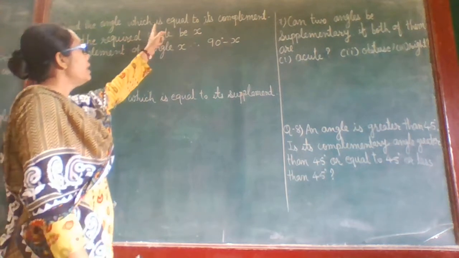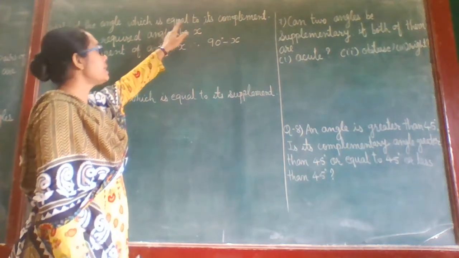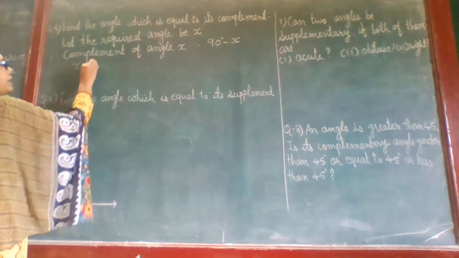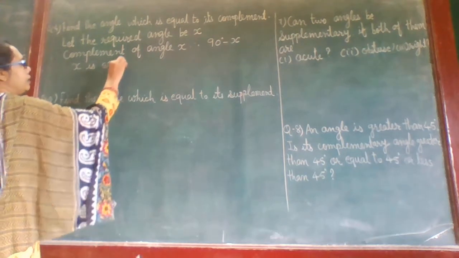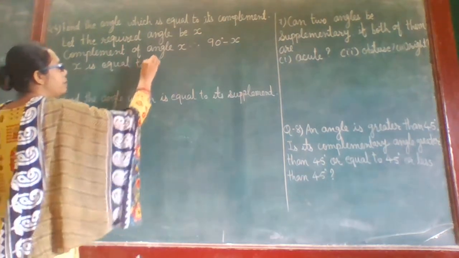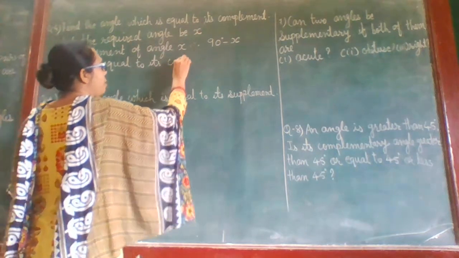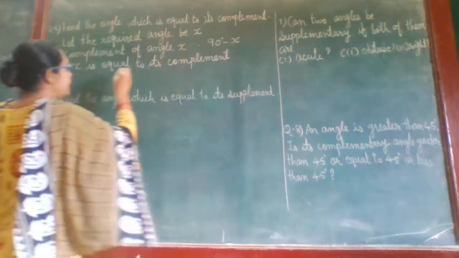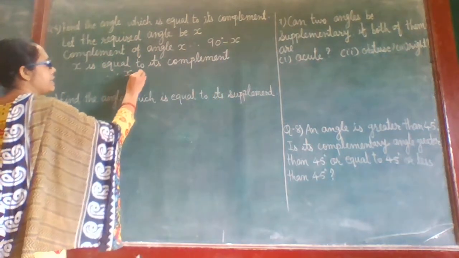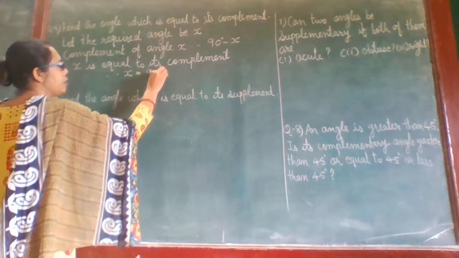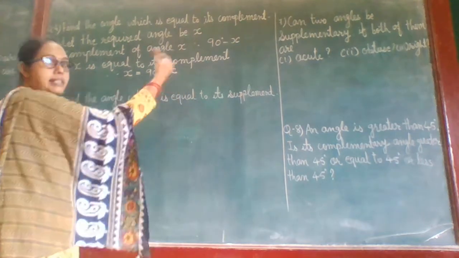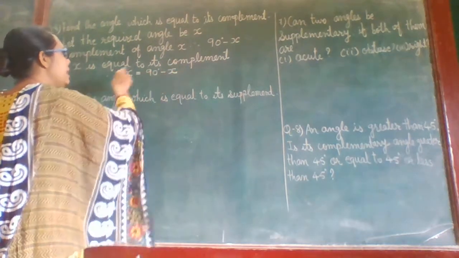So x is equal to its complement, that is x is equal to 90 degrees minus x. Okay, now minus x on the right side, we take it to the left side.